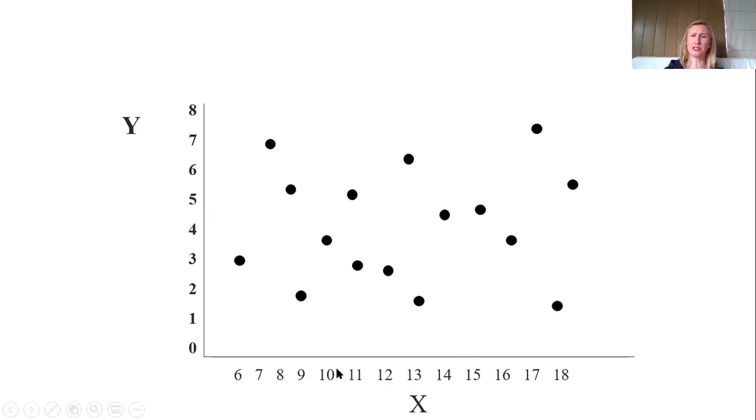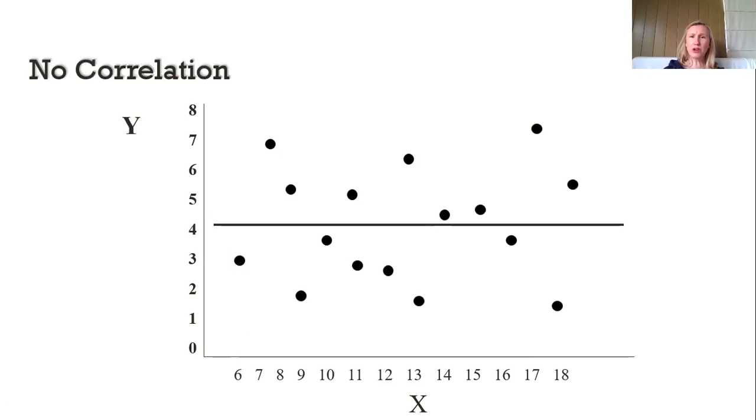As x is increasing, is y decreasing? No, it seems pretty all over the place. So this is where we would say, I can't make a line that touches most of those points, so it's likely a zero correlation or no relationship between these variables. And that's what it would look like on the graph.